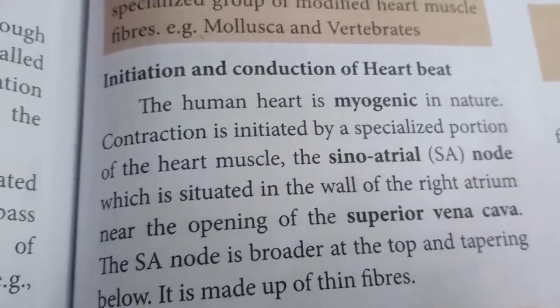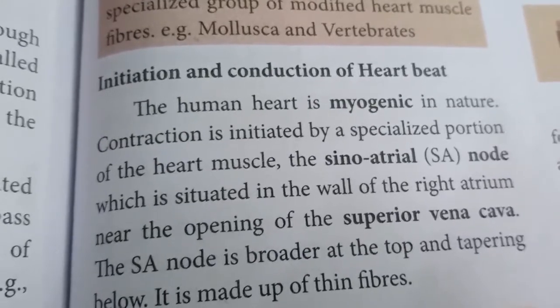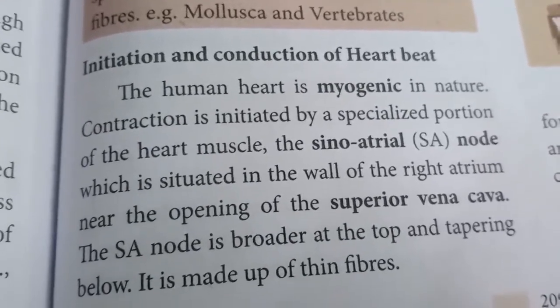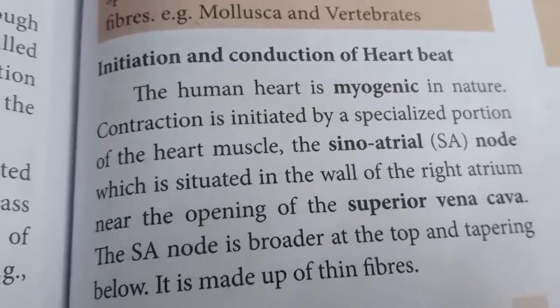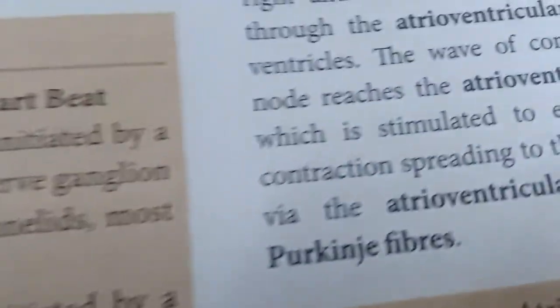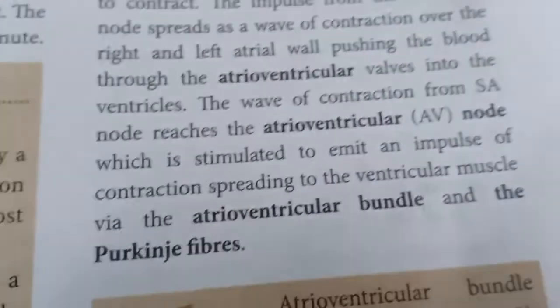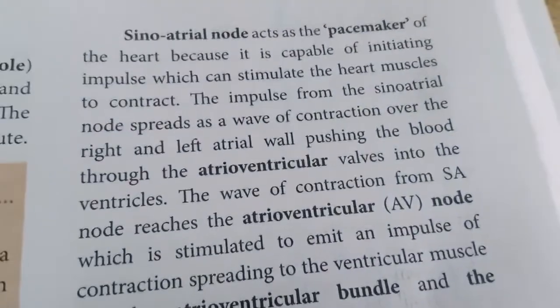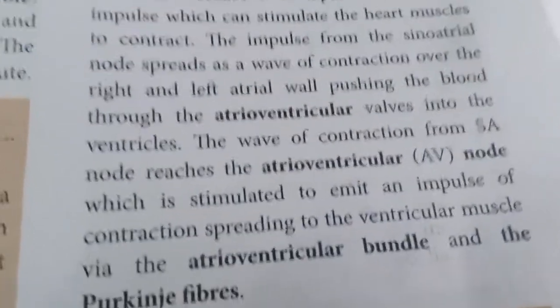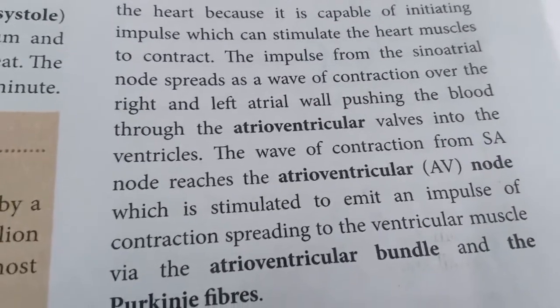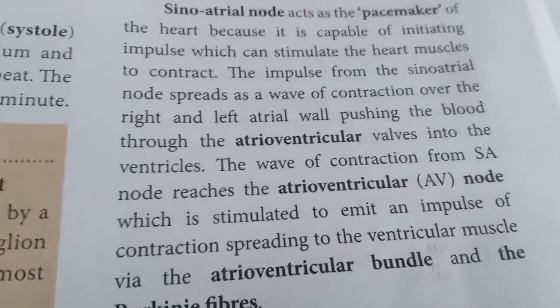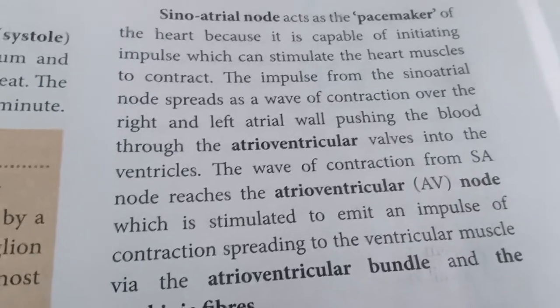It is situated in the wall of the right atrium near the opening of the superior vena cava, and it is made up of thin fibers. That fiber is called the Purkinje fiber. I have shortened the entire paragraphs and given them. You can read this entire thing and you can prepare your own answers also. So this is the answer for your 4th question.